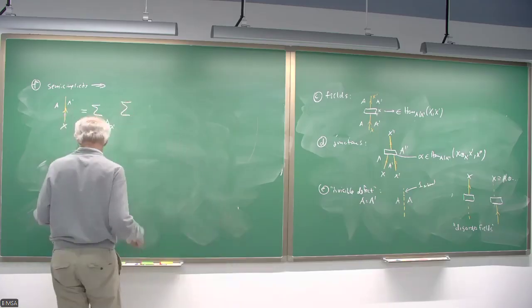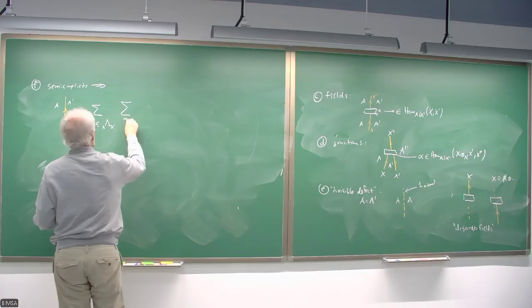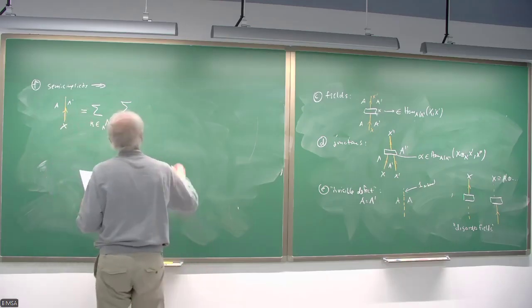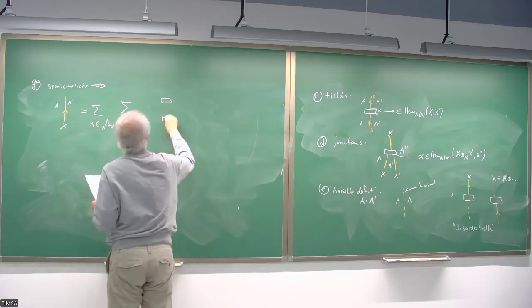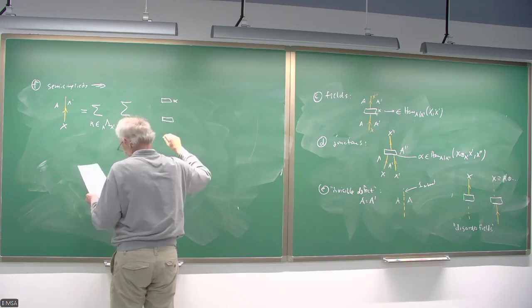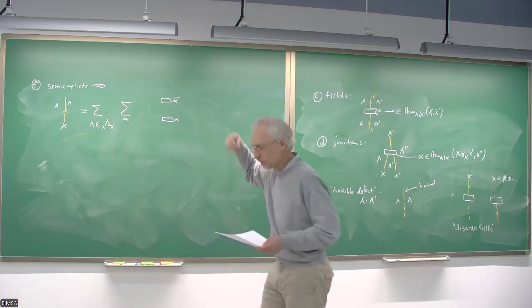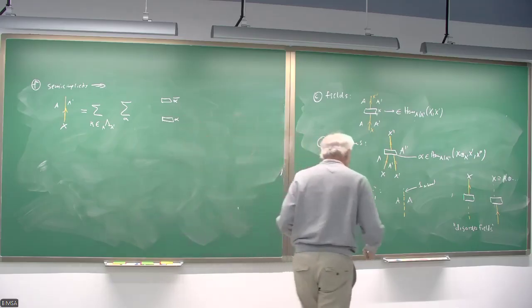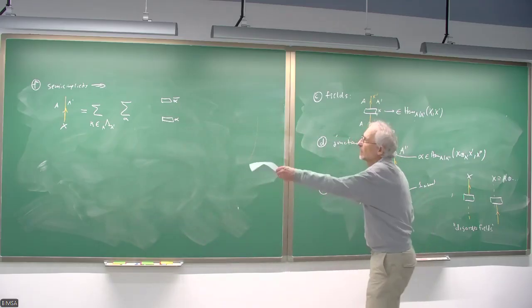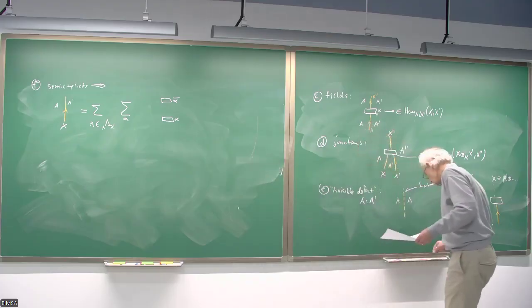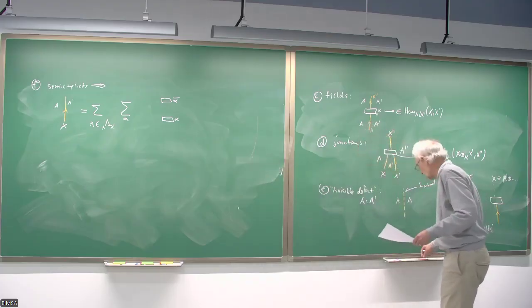of simple bimodules and a sum over morphism spaces alpha, and then I have here alpha bar, which refers to the vector space dual. So if I choose a basis here, then alpha is assumed to correspond to the basis.